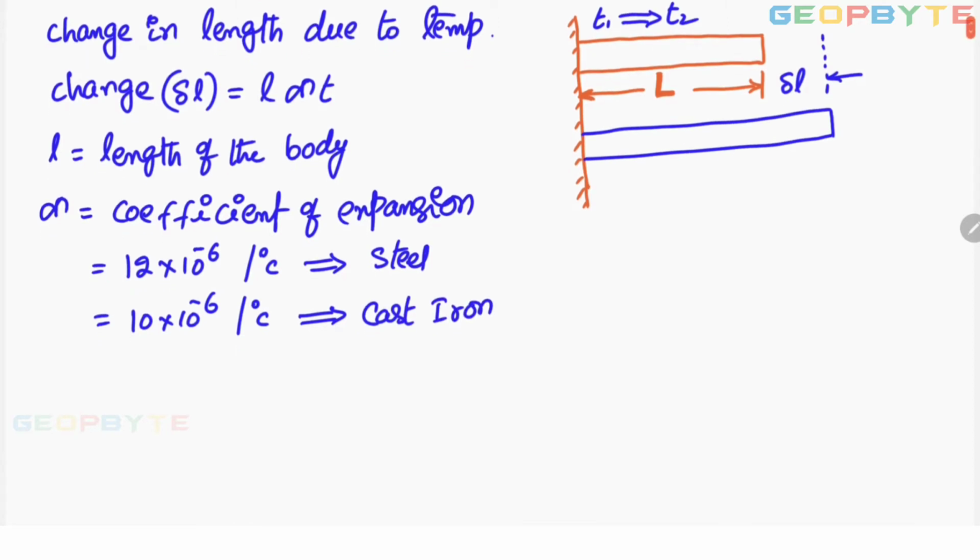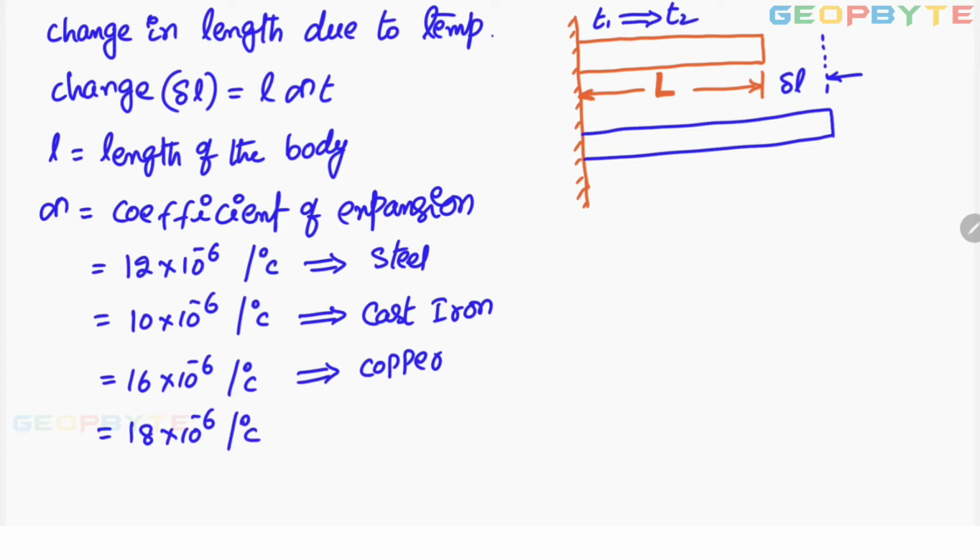For copper, its value is 16 into 10 power minus 6 per degree centigrade. For stainless steel, its value is 18 into 10 power minus 6 per degree centigrade. Like that, the alpha value changes from one kind of material to another kind of material.